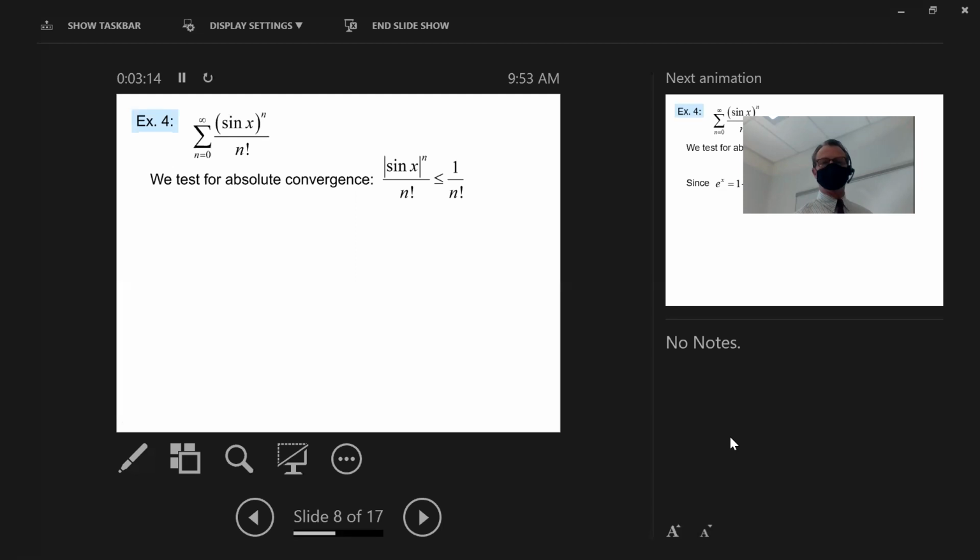So what about the numerator? Where are they getting that 1 from? How can they write that this is less than or equal to that? Correct. The sine just oscillates from -1 to 1. So the absolute value of that, the highest it gets is 1.